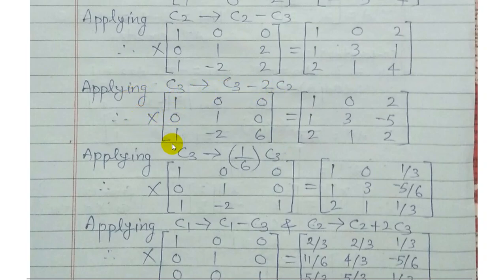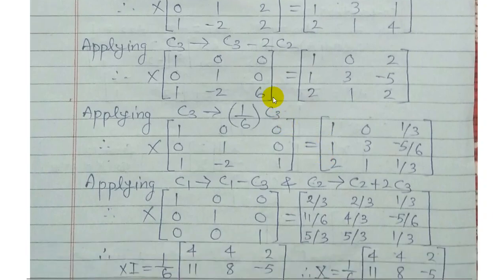Therefore X into 1 0 1, here 0 1 minus 2 and 0 0 6, because 2 minus 2 into minus 2, that is plus 4; 2 plus 4 becomes 6. Here 1 1 2 as it is, 0 3 1 as it is, but in the third column here C3 minus 2 C2. So 2 minus 2 into 0 is 2, 1 minus 6 is minus 5, and 4 minus 2 becomes 2.